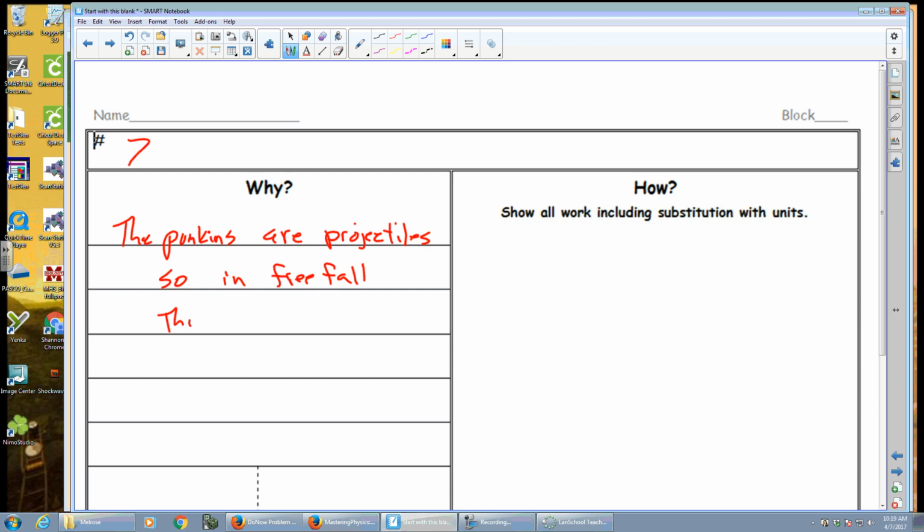Thus, only accelerating down at 9.81 meters per second every second.